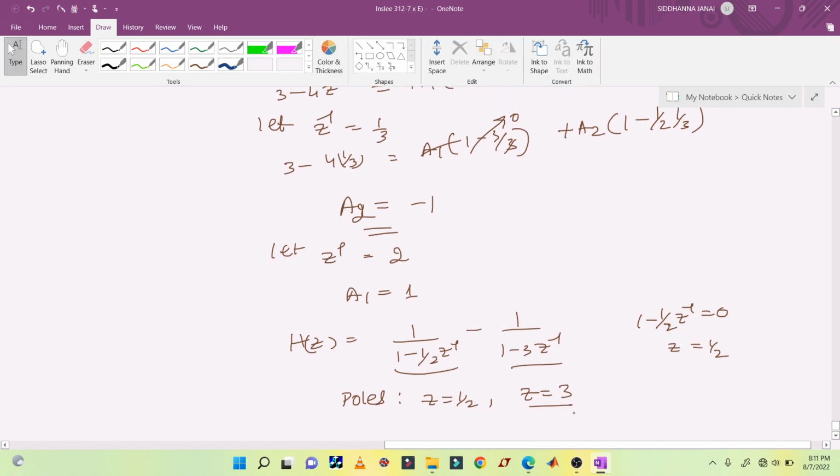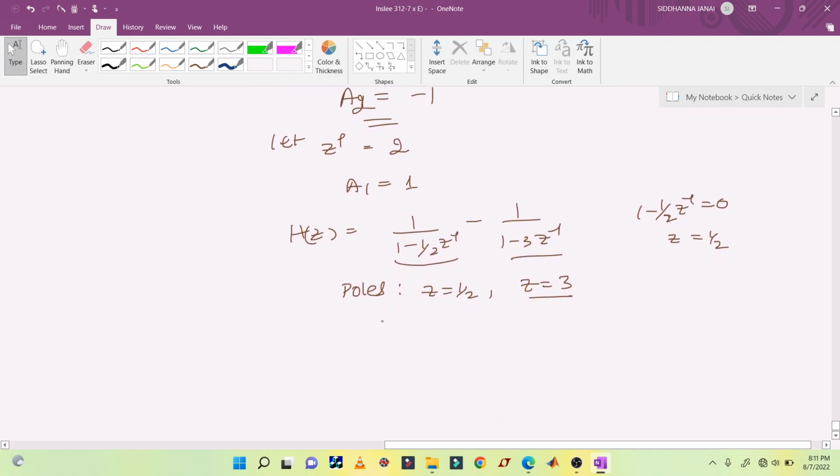So we now need to draw the pole-zero plot. 1/2 is here, one pole, and somewhere here another pole.